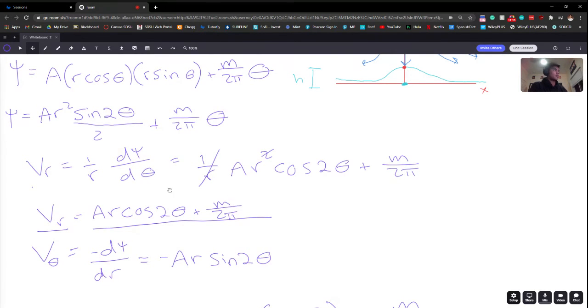I multiplied this 1 over r through here, but I forgot to multiply it all the way through.